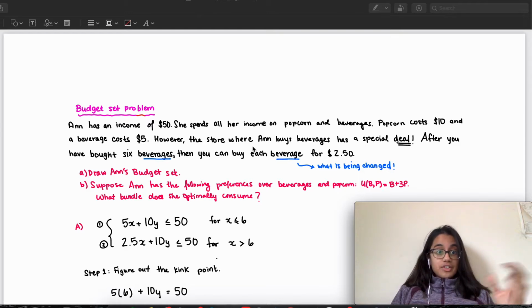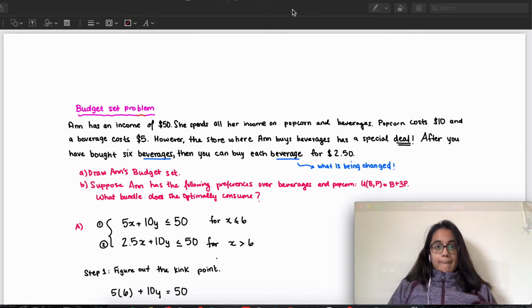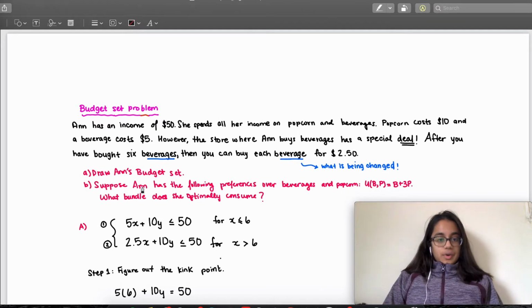Popcorn costs $10 and a beverage costs $5. However, the store where Anne buys beverages has a special deal: after you've bought 6 beverages, you can buy each beverage for $2.50. So that's the problem.